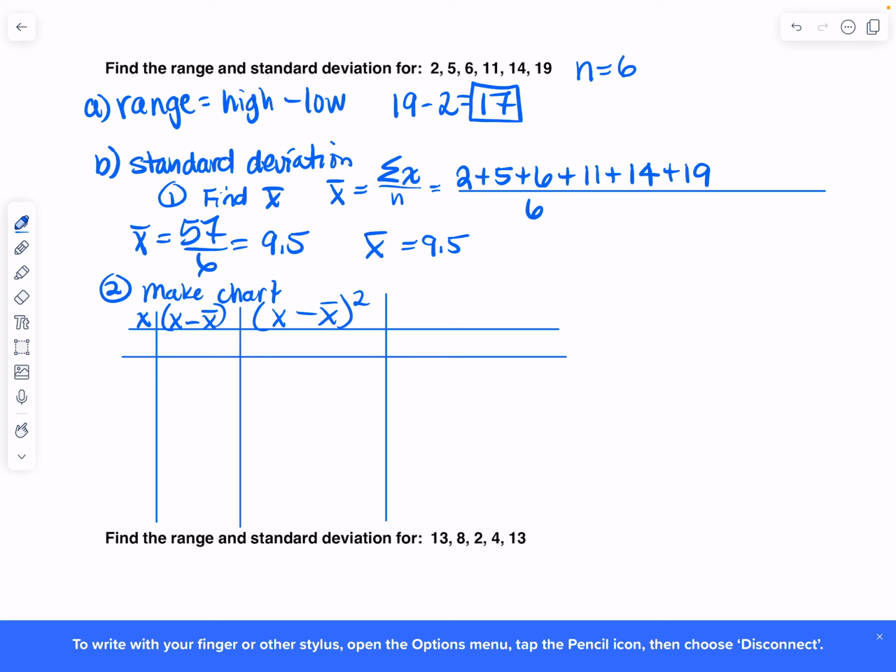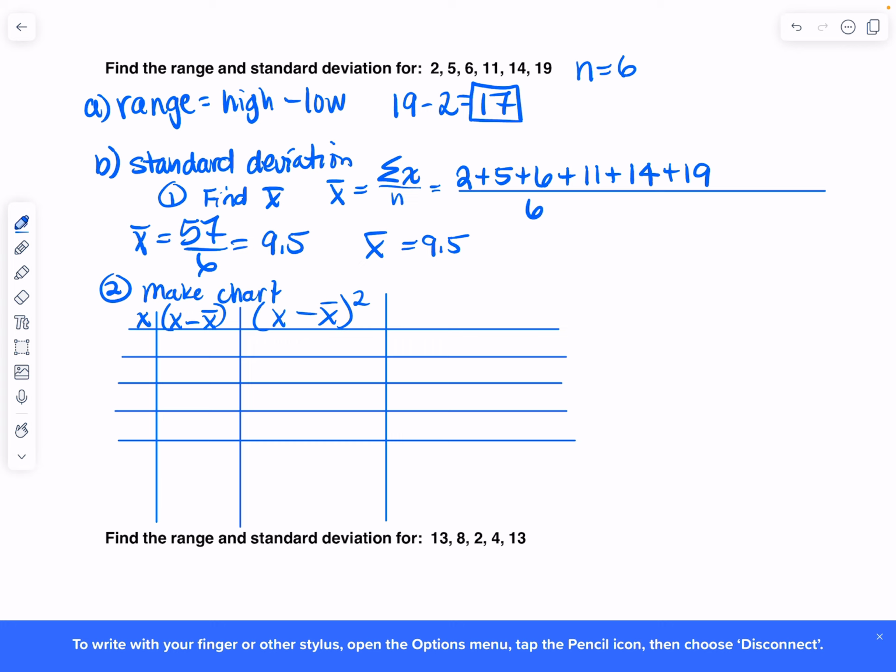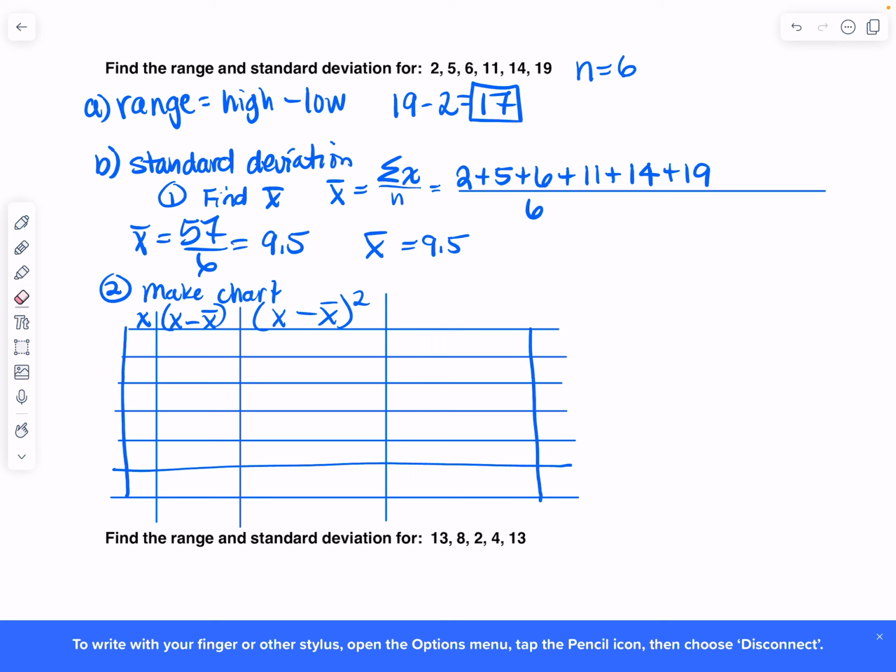So 1, 2, 3, 4, 5, and 6. Okay, so I'm going to see if I can clean this up a little bit here. Hopefully the eraser will behave.